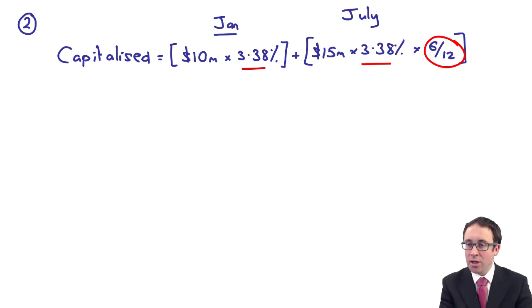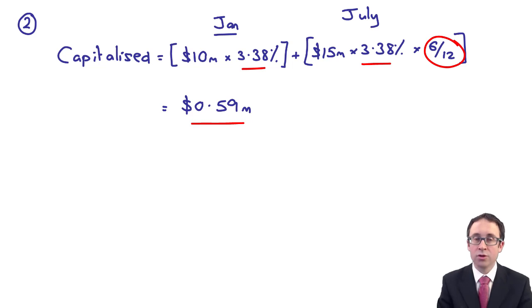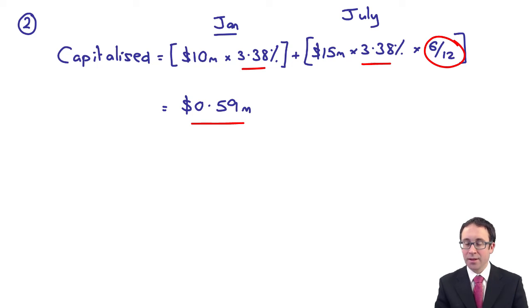If I total that up and add it together on my calculator, I think you get $0.59 million. Happy with that? Brilliant. There we go.